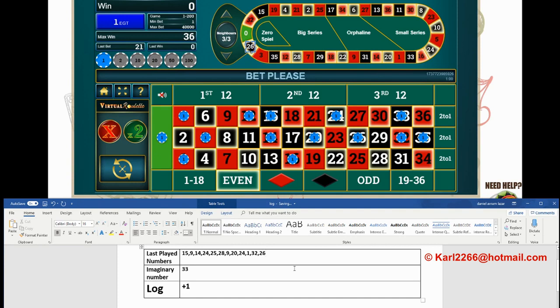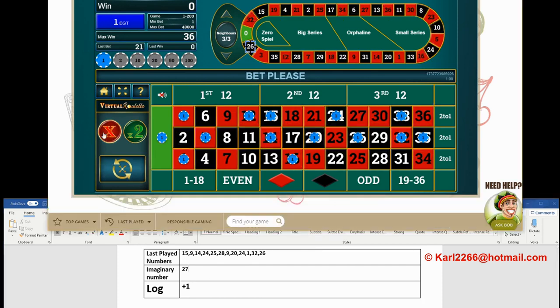With 26 we know what we have to do. We got logarithm plus 1, so 26 plus 1 is 27. So terminals from 27 are 20 and 32.